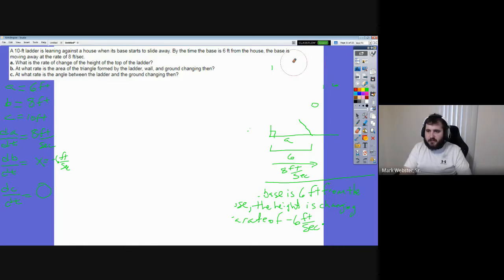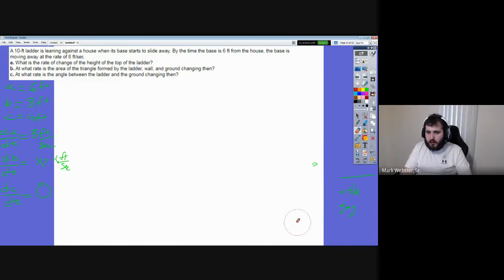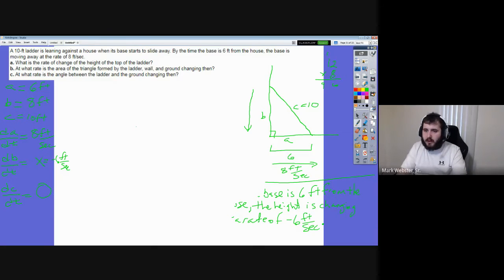And obviously, if this is something you need to copy down, I'm recording. You're watching this on YouTube. You could have paused the video already. Okay, so let's look at part B. At what rate is the area of the triangle formed by the ladder, the wall, and the ground changing? Then, right? Let me keep this picture so that I'm not being confusing.